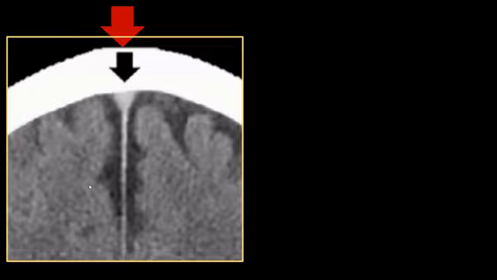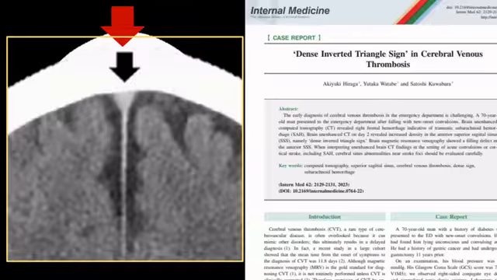And I'm not the only one who noticed that. Others noticed it as well, but then decided to publish it as a new sign and call it the dense inverted triangle sign. Now, if you ask me, we are reaching a point where it starts to become a bit ridiculous. Just call all of them dense vein signs and be done with it.